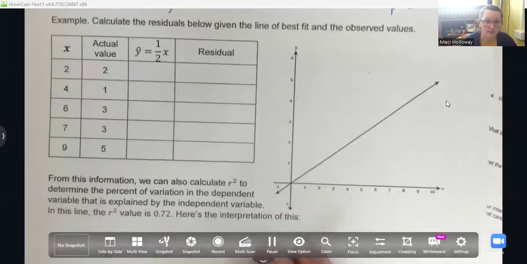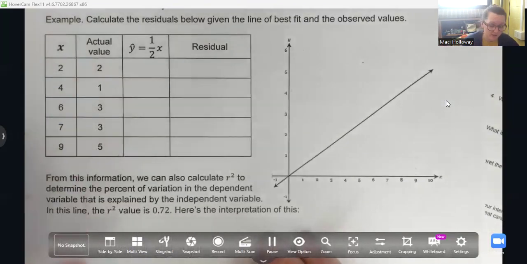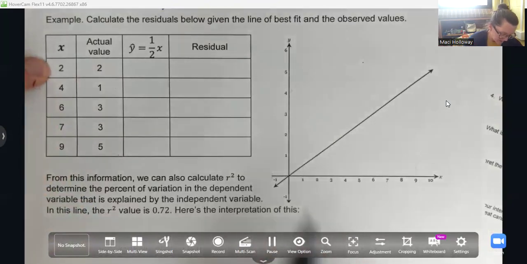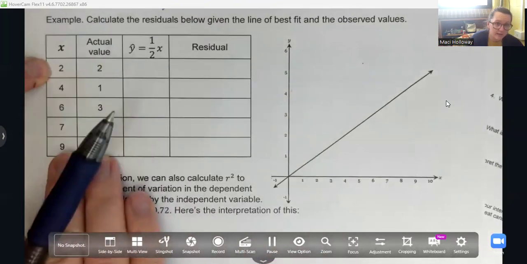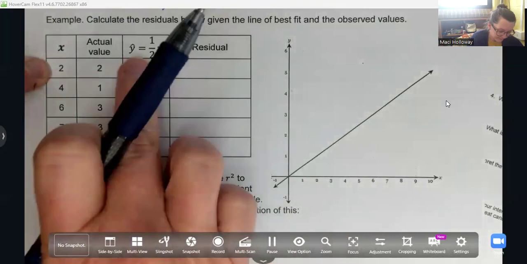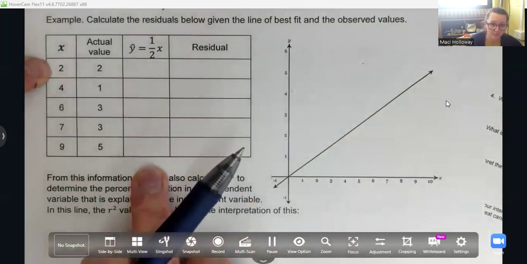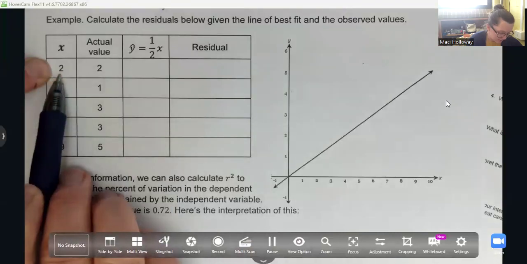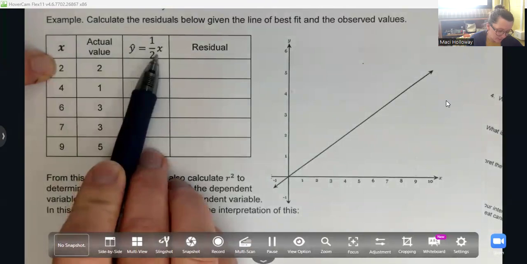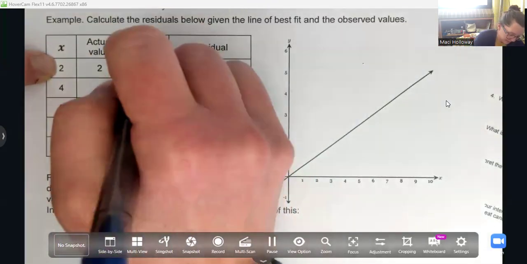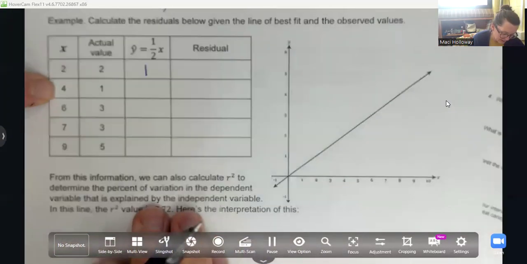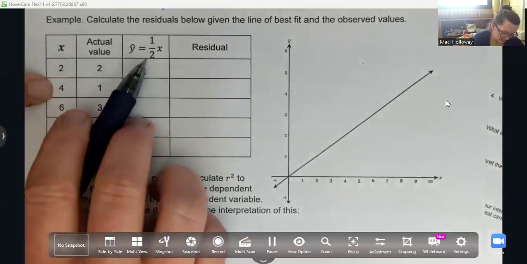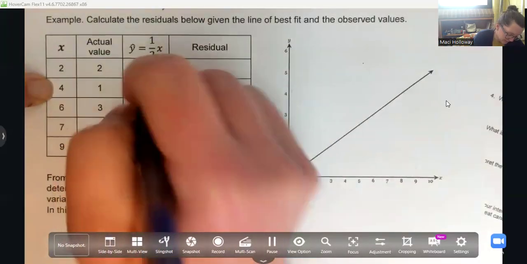All right, so you're going to try this. We're going to calculate the residuals below given the line of best fit and the observed values. So we have our actual x and y values here. And then we have our predicted regression line. If our x value is 2, then our predicted value would be half of 2, so it'd be 1, right? If our x value is 4, then our predicted value is going to be 2.